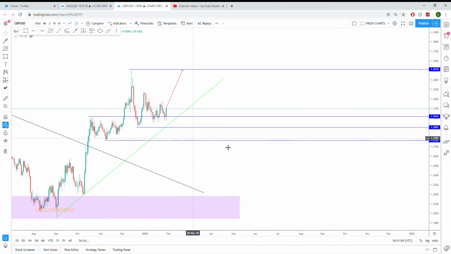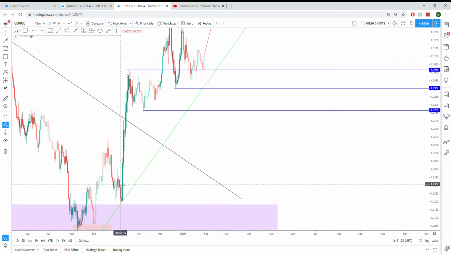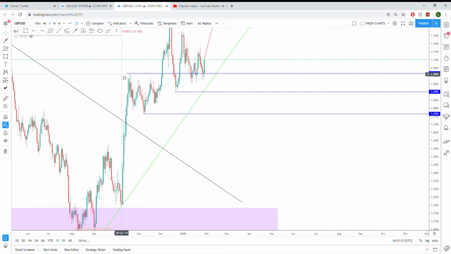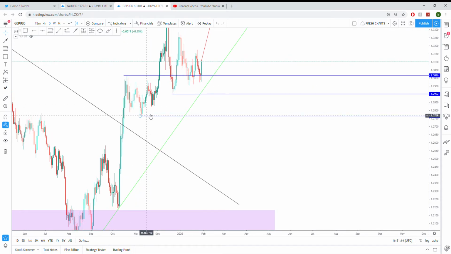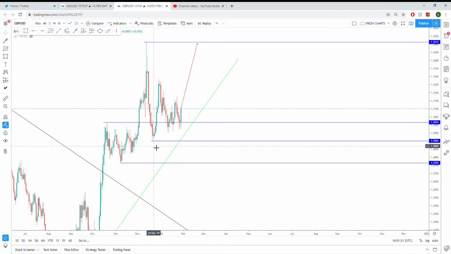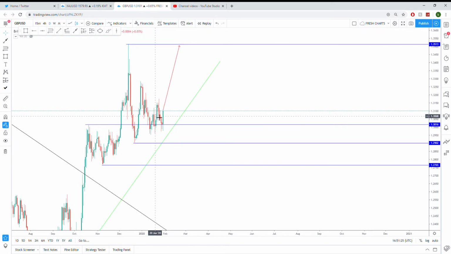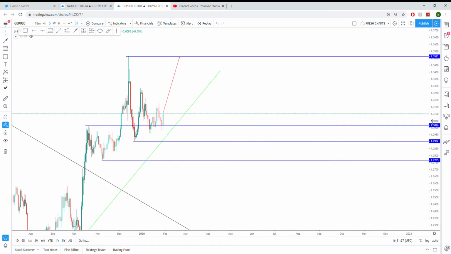So you just saw me drawing this in. It makes perfect sense that we broke this high here, and we made a new high before we made a lower low. Then we made a newer high, which is essentially here, and then we came back down to form a new higher low, and we've now been range bound ever since.